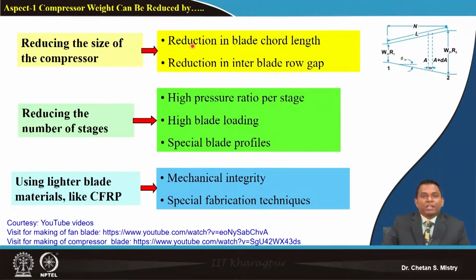Now it says you reduce your chord. What we realized, we discussed in our fundamental lectures during week 2. Suppose I consider my blade passage, comprising a diffusing shape. This is my entry area, this is my exit area, and this is my length.